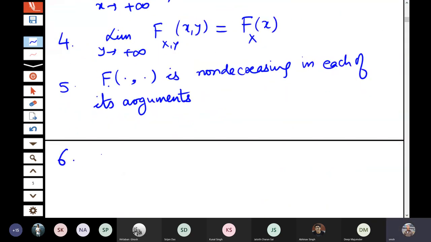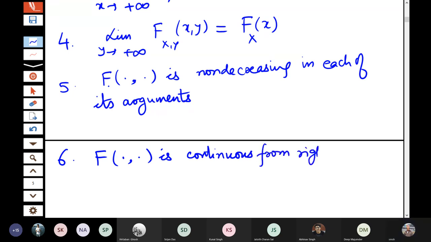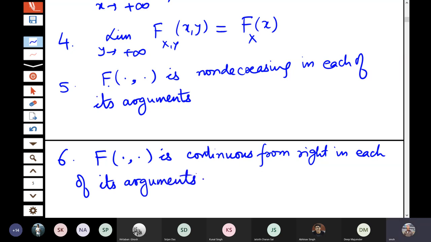Then F is continuous from the right in each of the arguments.